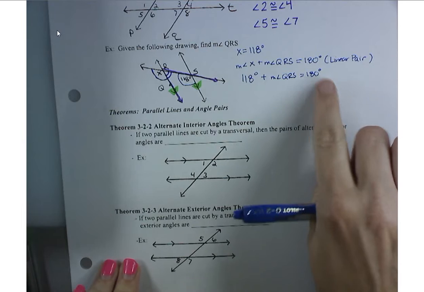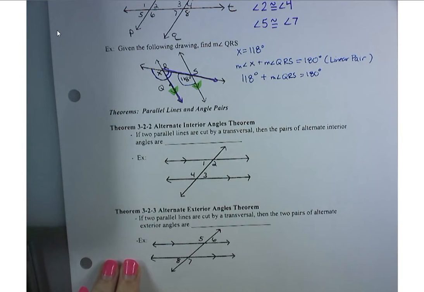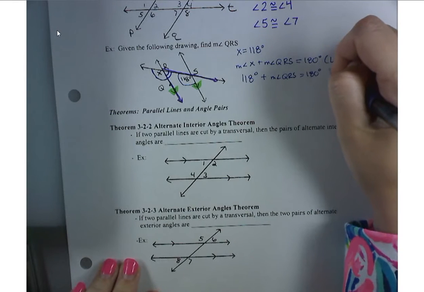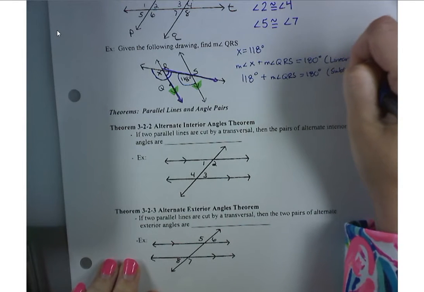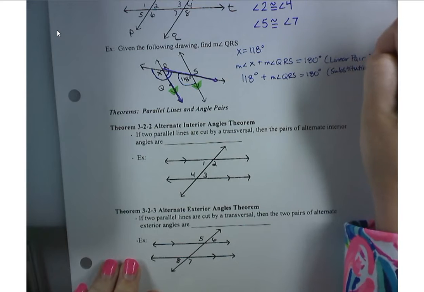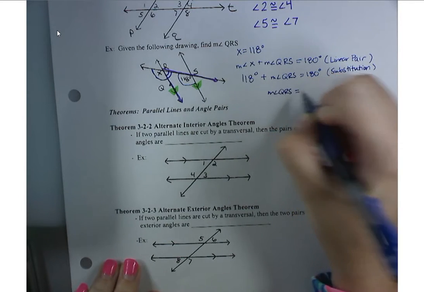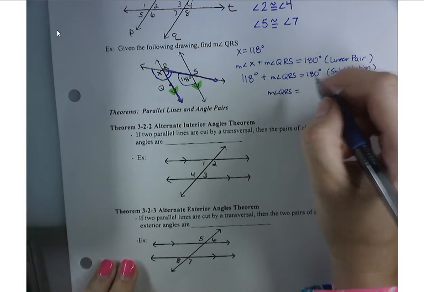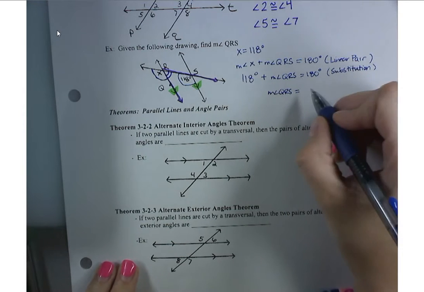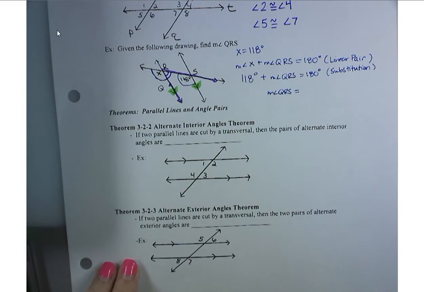Do you guys know what reason that would be? Substitution, it'd be substitution. And then your next step would be the measure of QRS would equal what? How would you solve this for the measure of QRS? Subtraction. You subtract both sides.